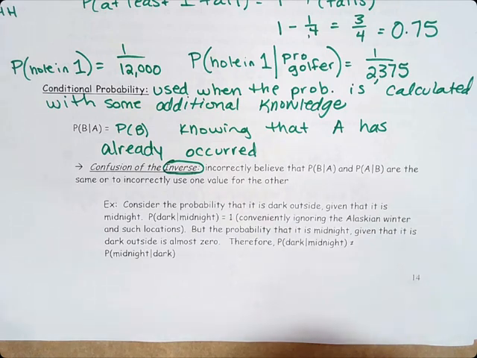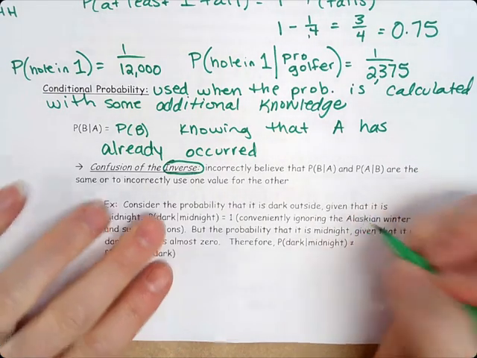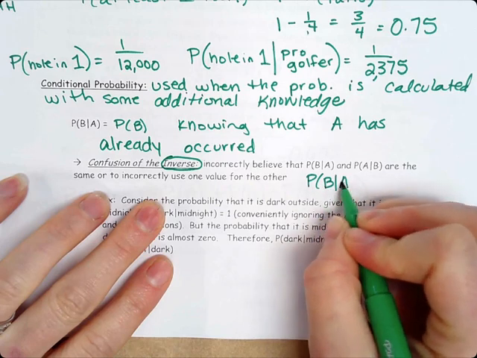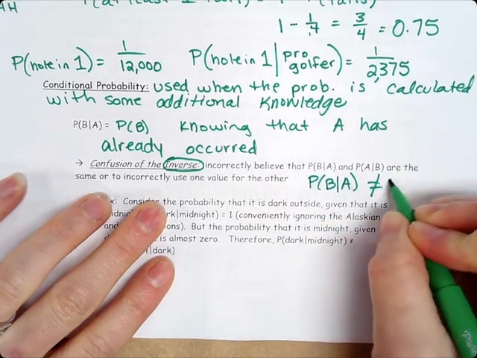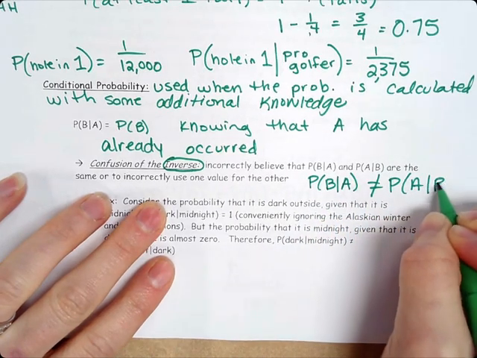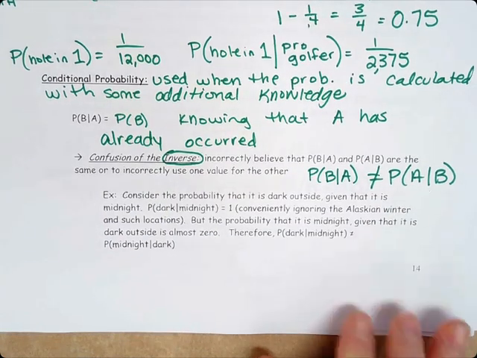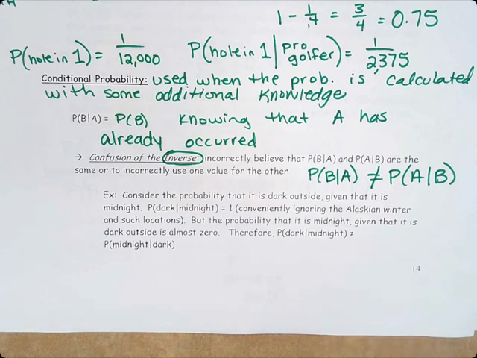We talked about inverses, where you switch out your events A and B. So we cannot say, sometimes it's true, but we cannot say that these are true. You can't switch the order of those events. Probability of B given A is not the same as probability A given B.